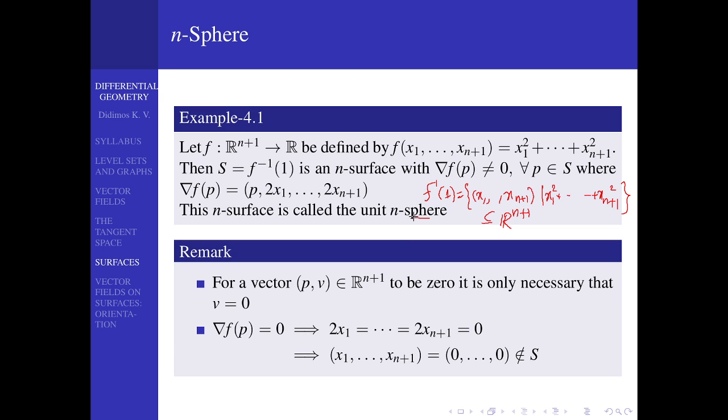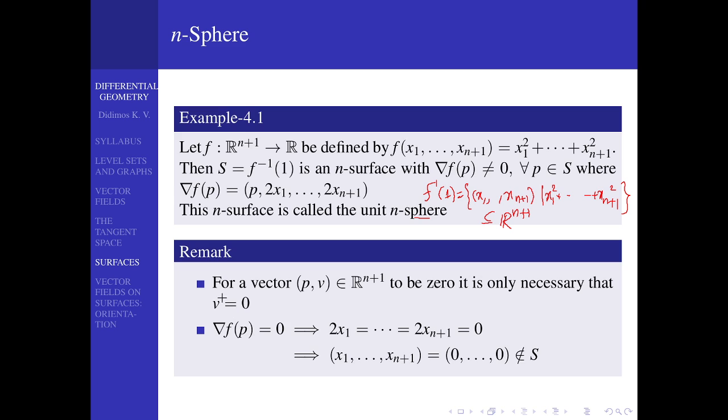There are several reasons for defining this as an n-surface, because at every point P the tangent space is homeomorphic to R^n, or you can say that this sphere in R^(n+1) is an n-manifold and so on. In advanced studies we have many reasons to define this as an n-surface instead of an (n+1)-surface, even though it resides in R^(n+1).